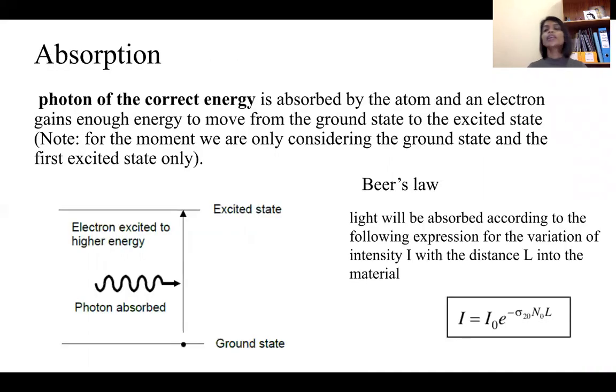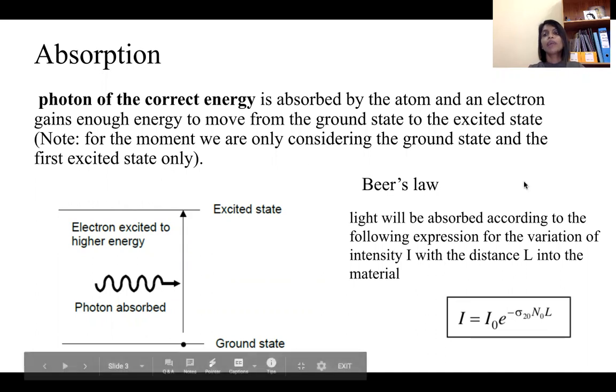Right. So what is this absorption? Absorption means if there is an incoming photon with the correct energy coming towards a material, the atoms inside that material can absorb this energy.